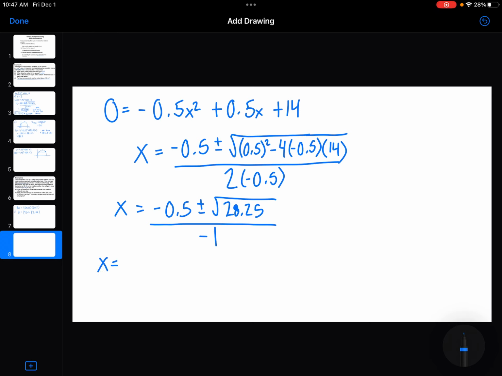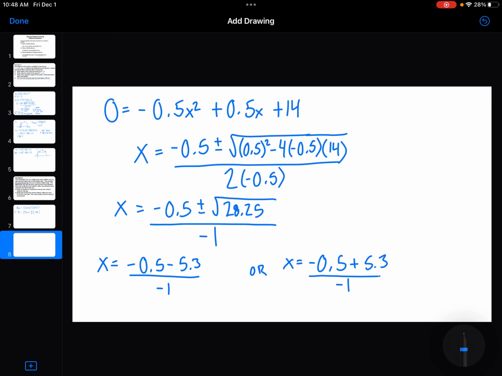So then we're going to have x is either equal to, so the square root of all of that is about 5.3. So we've got negative 0.5 minus 5.3 divided by negative 1, or x is equal to negative 0.5 plus 5.3 divided by negative 1.